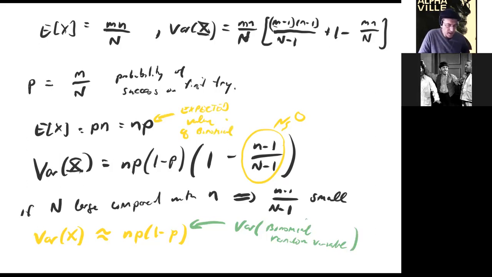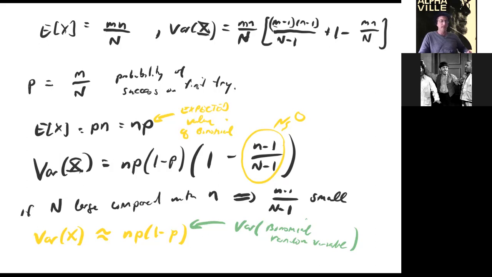So how do we interpret this? If you're drawing without replacement from a very, very large population and your sample size is small, what this is telling us is that you can pretend for small enough sample sizes that you're drawing with replacement.